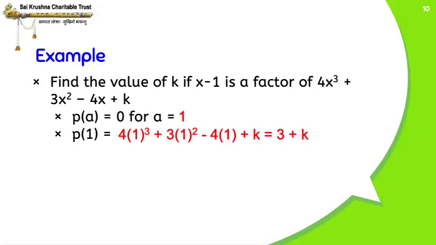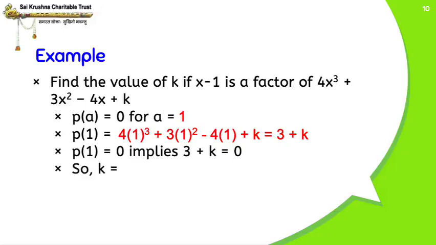Of course, you don't know what k is, but you know p of 1 is 0. So if p of 1 is 0, then 3 plus k should be equal to 0. So what should k be if 3 plus k is 0? K should be minus 3.